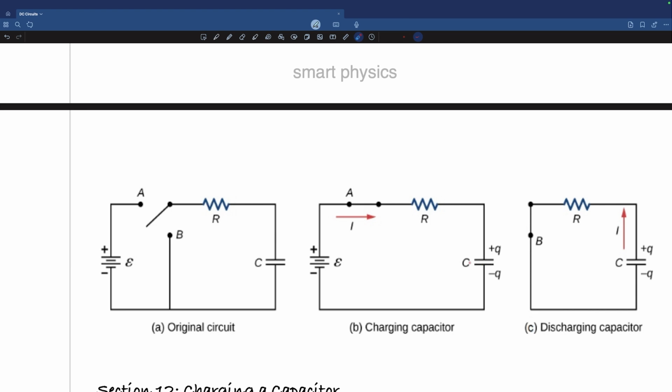And once it gets charged, if you flip the switch from position A to B like this, then the capacitor is going to discharge through the resistance. In that case, it's going to send a current exactly opposite to when it was being charged. The reason is because the top plate is positive and the bottom plate is negative. Currents always flow from positive to negative. So this is how you charge a capacitor. This is you discharging the capacitor.